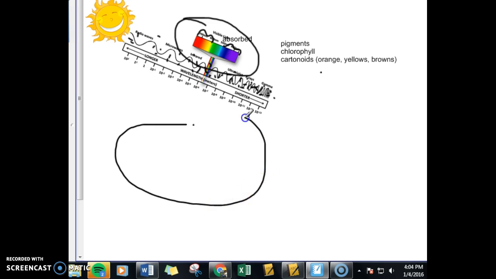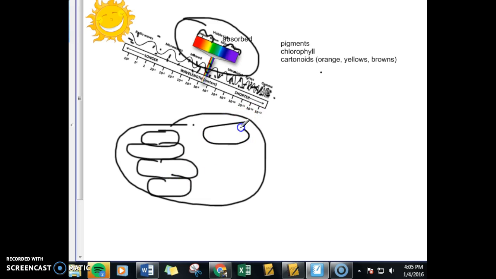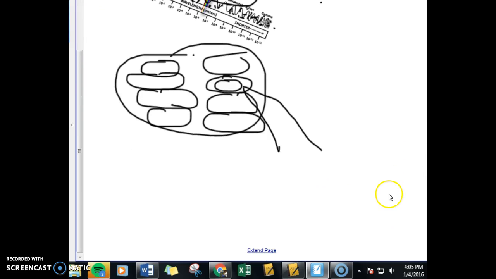Okay, so there's my chloroplast, and I've got my stacks of thylakoids inside my chloroplast, and inside those thylakoids I have this membrane, right? If I looked at the membrane down here, just like a cell membrane, it's made of more than it seems.